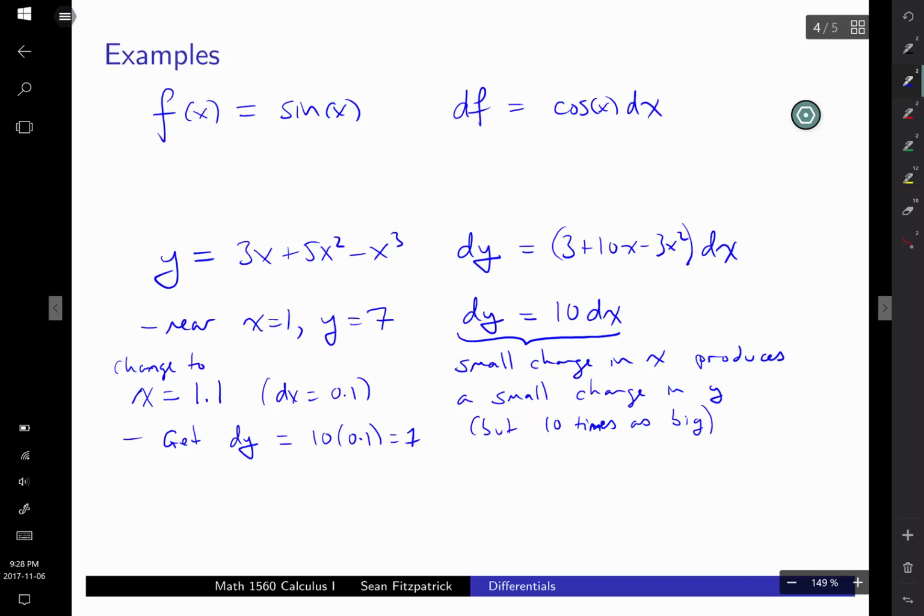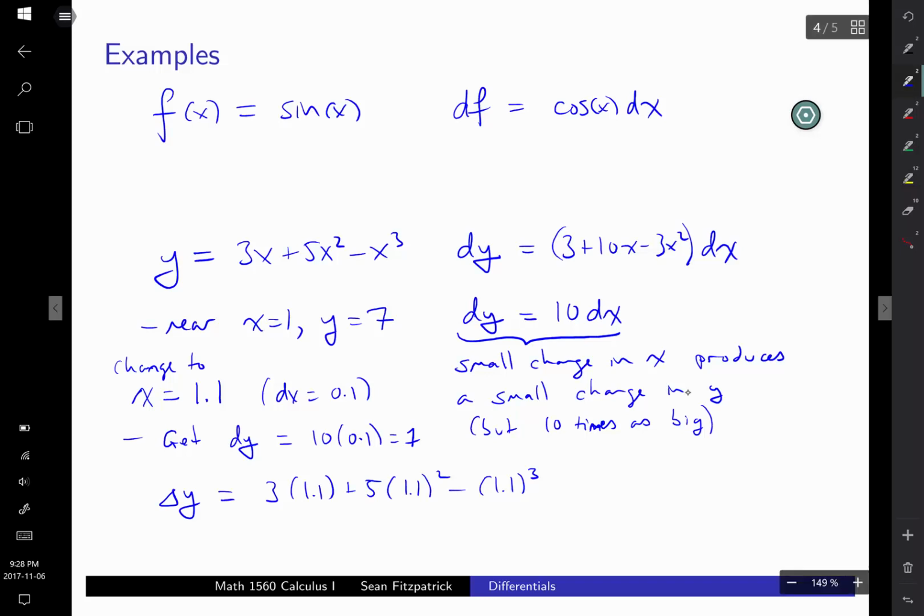So we expect that changing x by 0.1 here should change y by 1. And so then if we wanted to get our delta y, we would have to calculate 3 times 1.1 plus 5 times 1.1 squared minus 1.1 cubed. And we'd have to work out what that is.